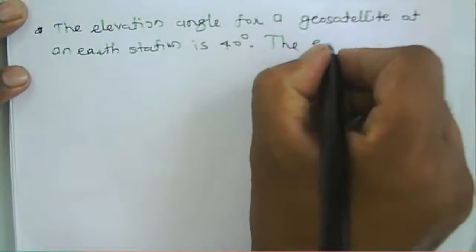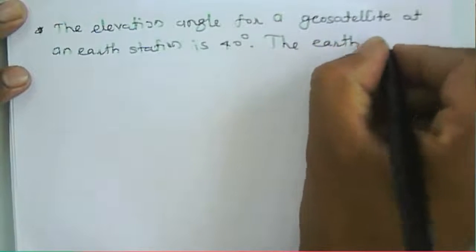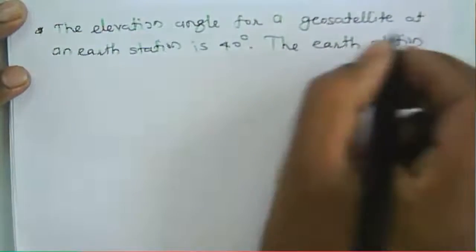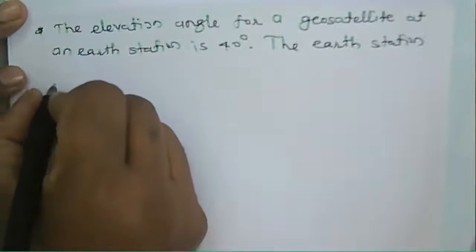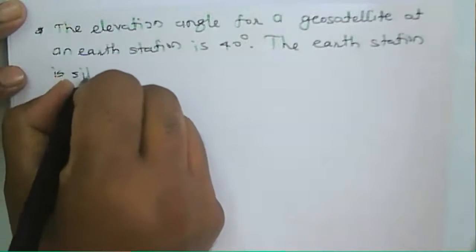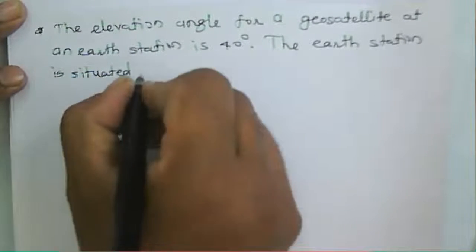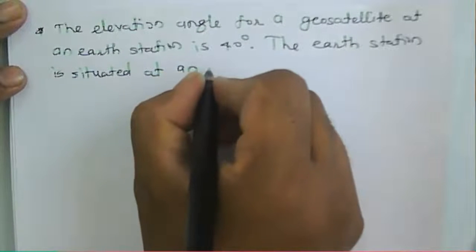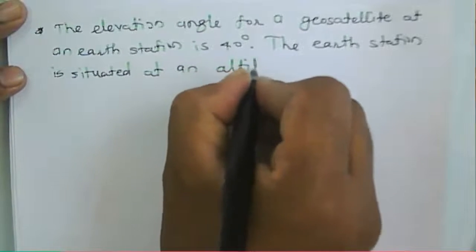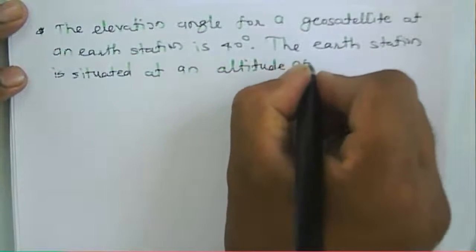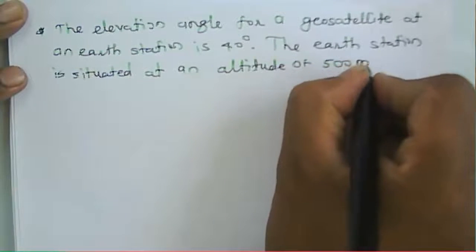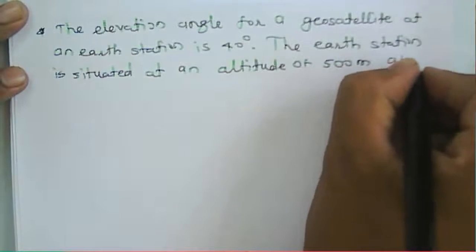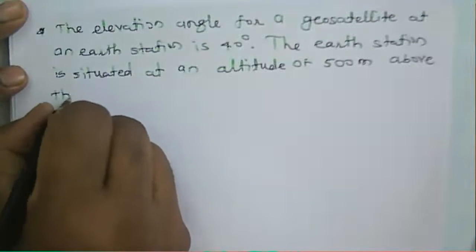The earth station is situated at an altitude of 500 meters above sea level.